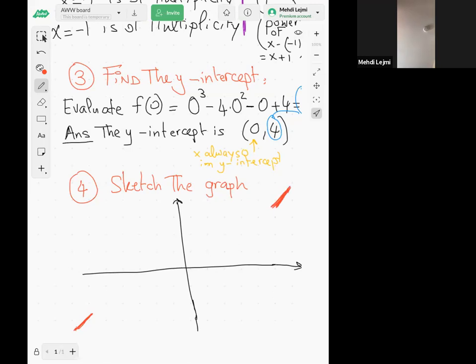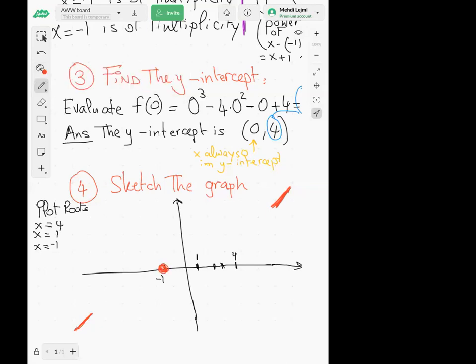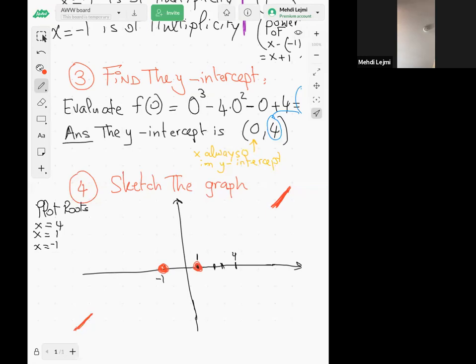That's the behavior of f of x at infinity. Now I'm going to plot the roots. Remember we had 4, positive 1, and negative 1. So this is negative 1, positive 1, 2, 3, 4. So this is 4 here, this is positive 1, and I got negative 1. That's my first root, +1 second root, and third root is +4.